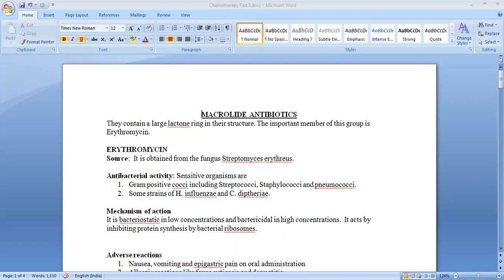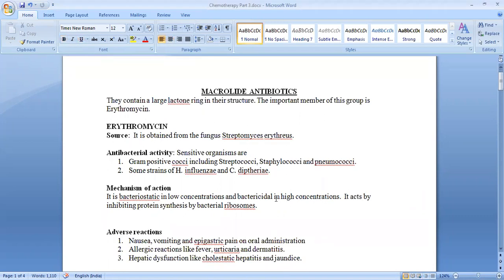This erythromycin is effective against different kinds of gram-positive cocci and some other strains like Haemophilus influenzae and diphtheria also. The mechanism of action is that it is bacteriostatic in low concentration and bactericidal in high concentration.